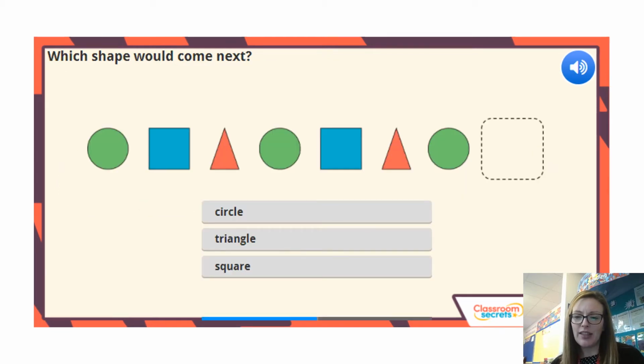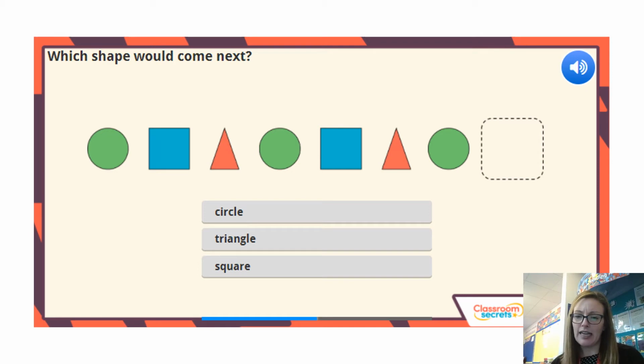So let's have a look at this pattern. This pattern uses 3 different shapes. We can see there's a circle, a square and then a triangle. And then we start again, a circle, a square and then a triangle. Then we start again, a circle. Ooh, what comes next? What comes after the circle if we want to make a repeating pattern?